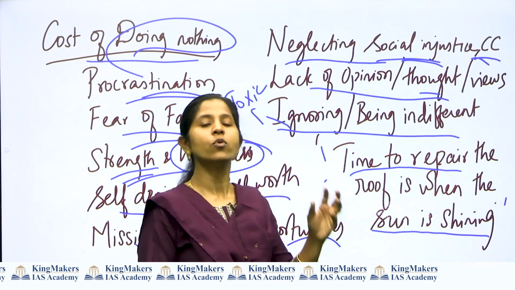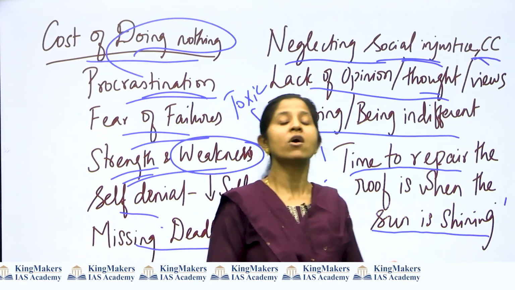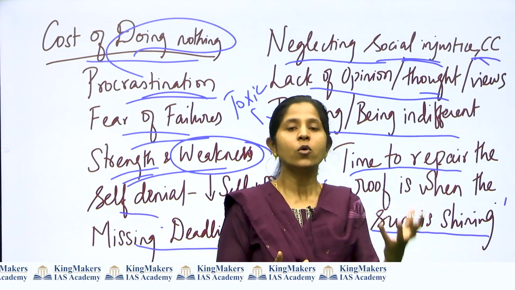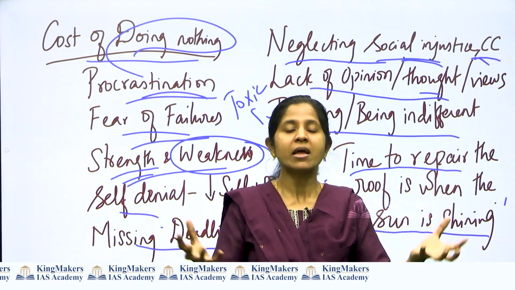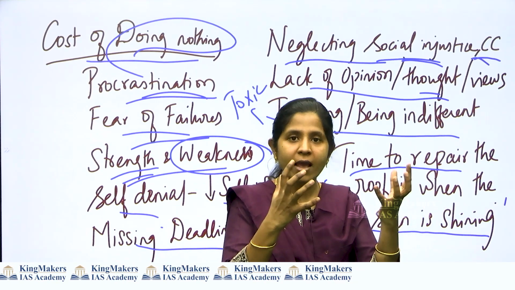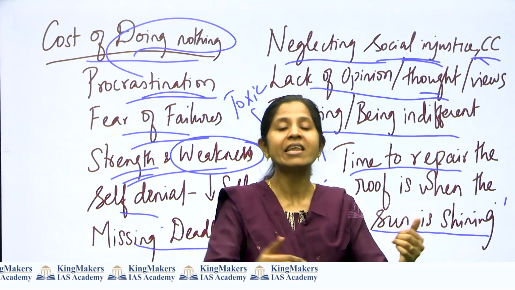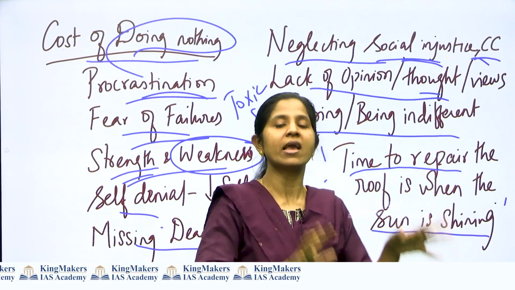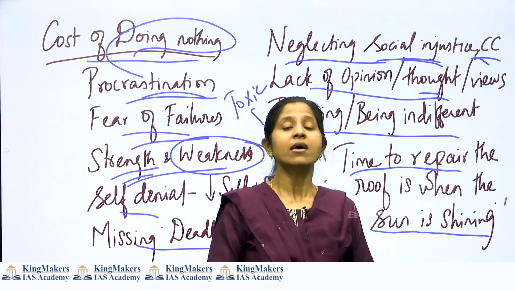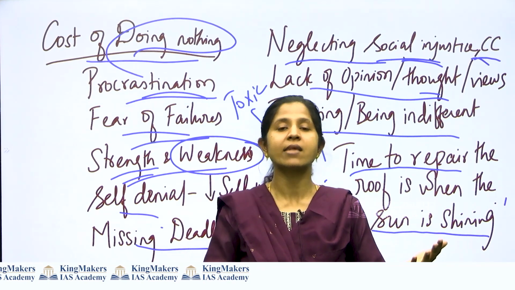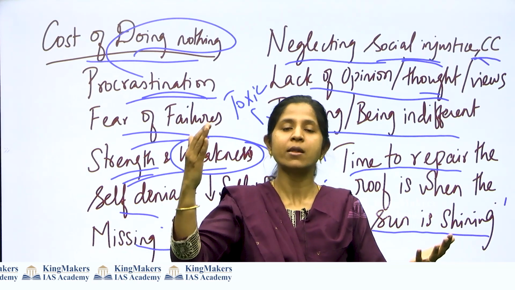So you have to grab the opportunities, or repair the roof, which means the youth, who are now in large number, have to be skilled and employed in order to increase the growth of the country through this young population. Otherwise, after 2040, there will be a much smaller young population and more senior population.